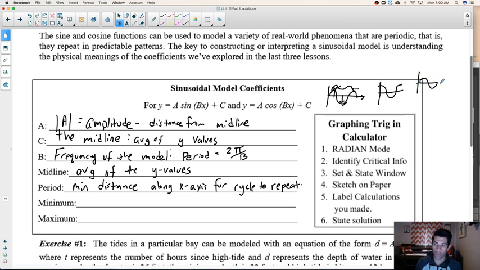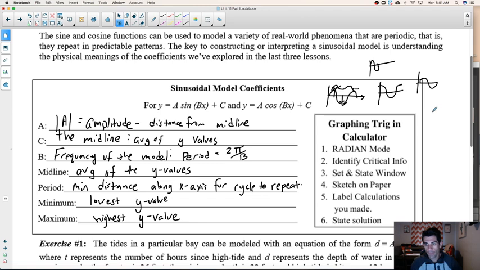So it could take 2 pi to complete, it could take pi over 2 to complete, which means if I was completing a period of pi over 2, I would have to fit all of that within one cycle there. Your minimum value is your lowest y value. And then your maximum is your highest y value. And those come in handy when you're looking for your C value here.